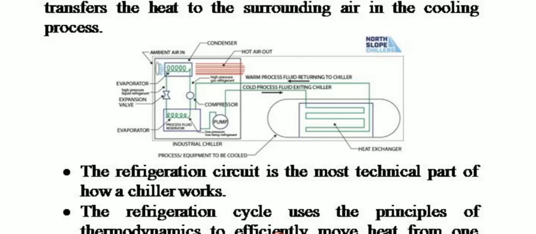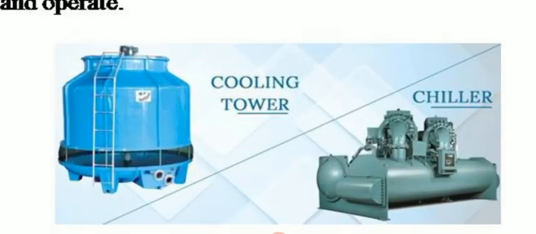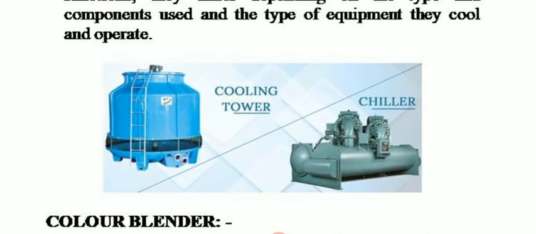So in this module, we discussed elaborately about working principle and applications of cooling tower and the chillers. Also we discussed the difference between cooling towers and the chiller. So this is cooling tower and this is chiller.